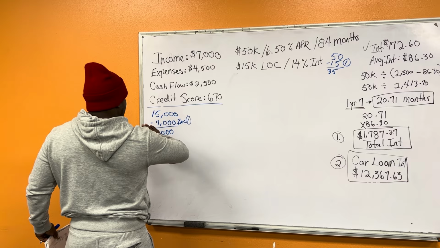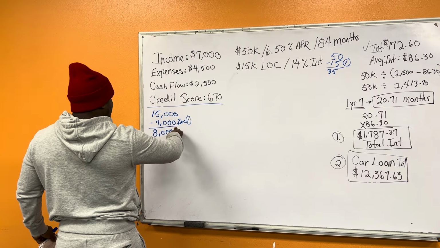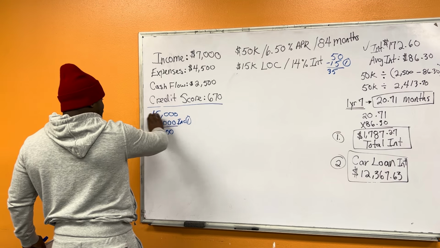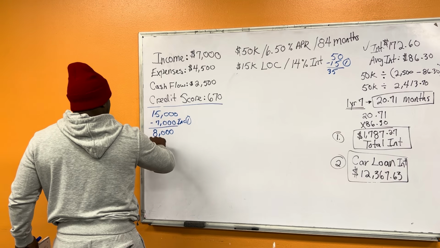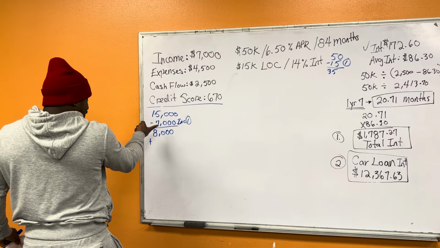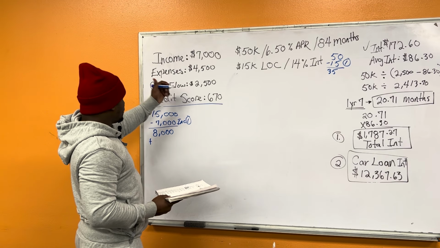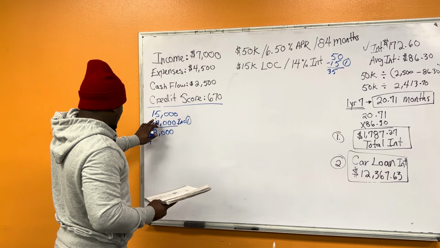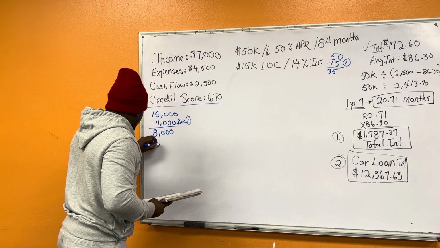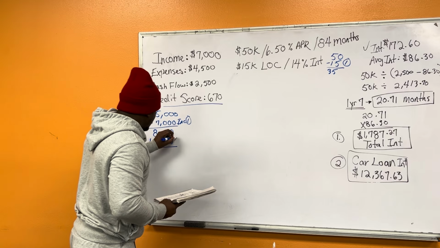We have $7,000 of room, of space right now. We got $7,000 of space inside of our line of credit because we just made a payment of $7,000. So they give us $7,000 worth of space. So we can pull 4,500 out of that $7,000, and we do that, right? So that's expenses.